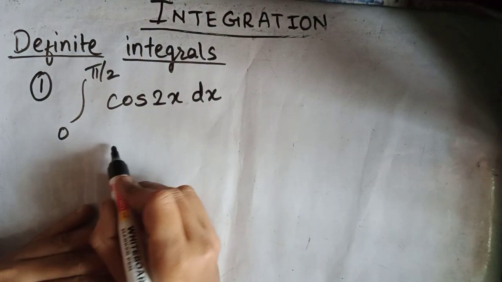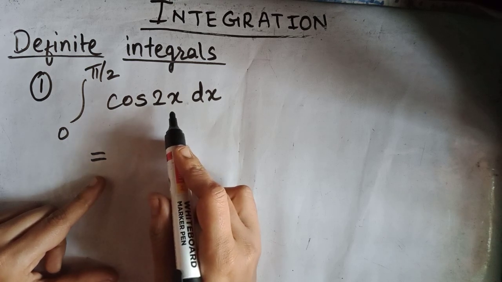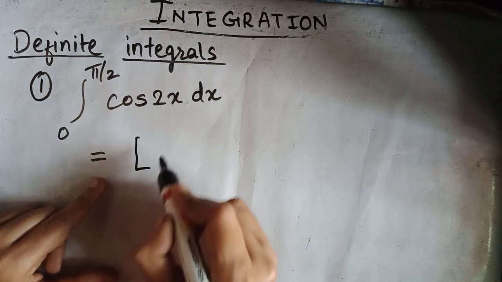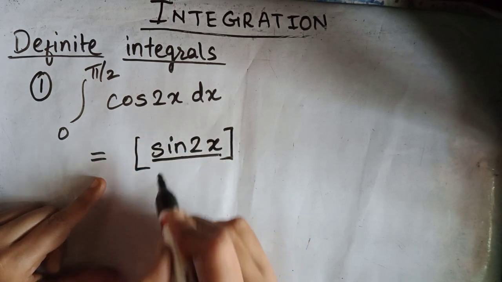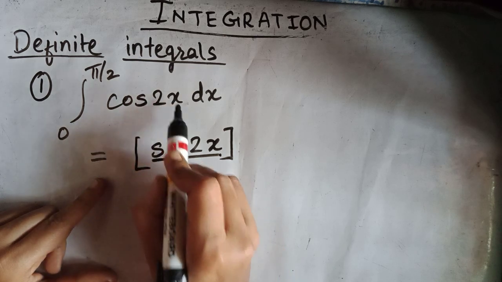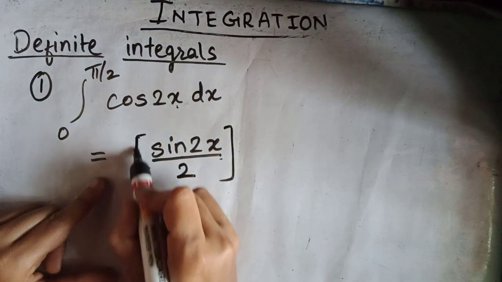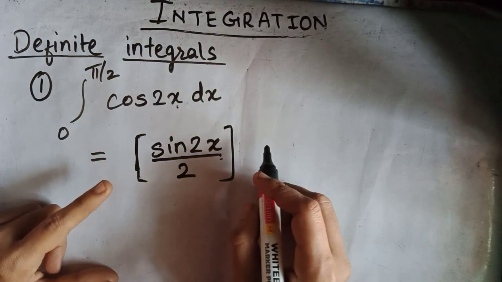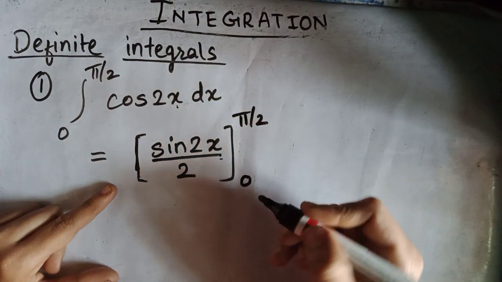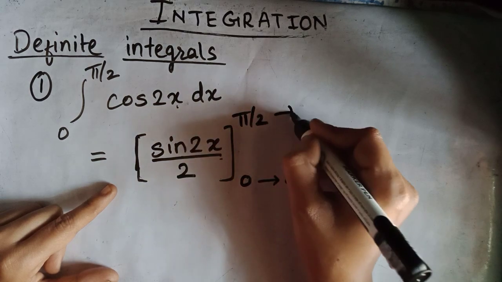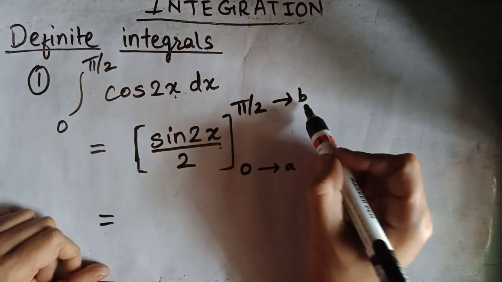Let's solve this problem. First you have to integrate cos 2x. The integral of cos 2x is sin 2x, and the derivative of 2x will come in the denominator. So this becomes our function, and you have to integrate from 0 to pi by 2. This is your a, this is your b. While taking the difference, you have to start from b.